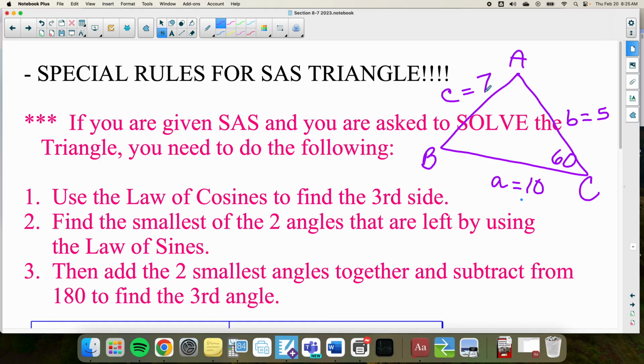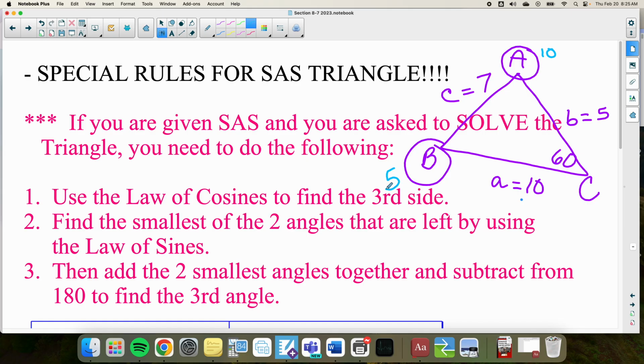Once I find that, then I have to go to this rule which says find the smallest of the 2 angles that are left using law of sines. What is left is angle A and angle B. Now notice angle A is across from a side that's 10, B is across from a side that's 5.